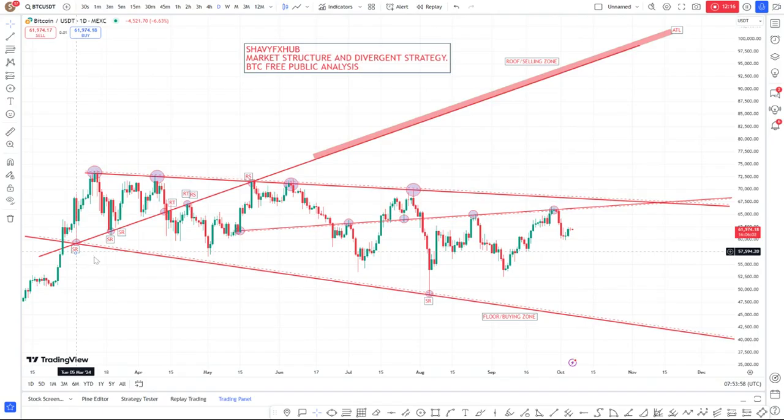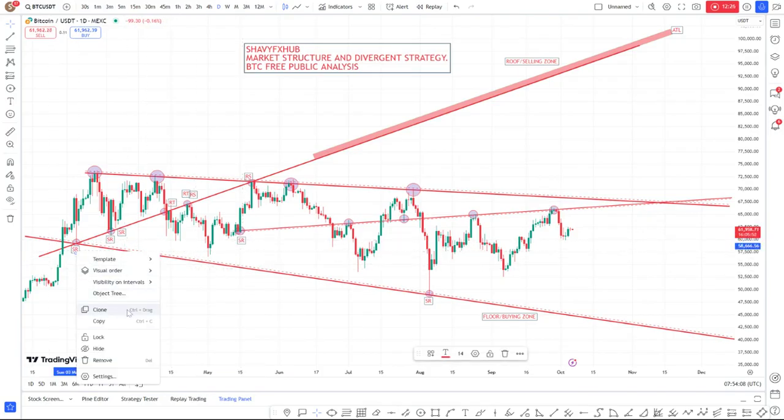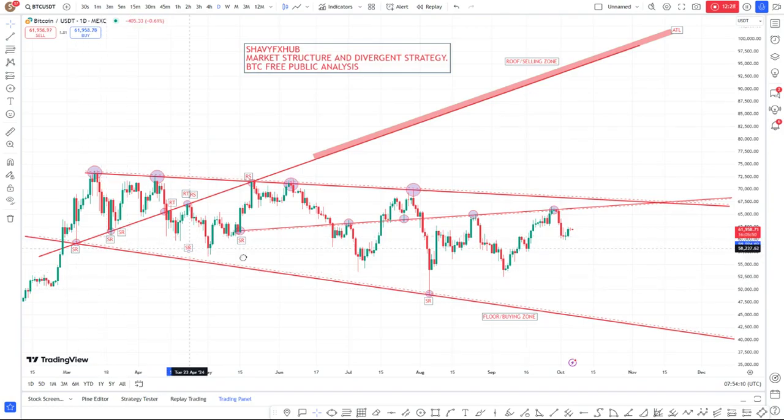So here we have an SR level. So these are all SR levels.